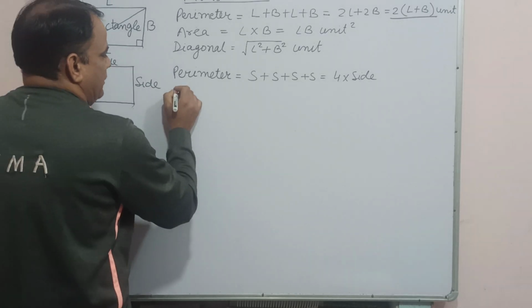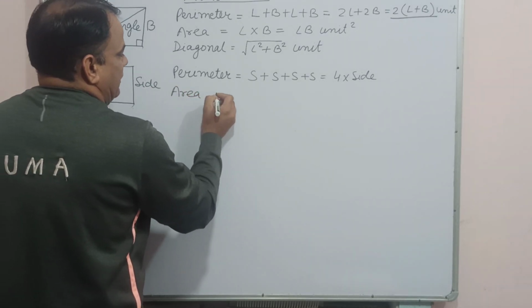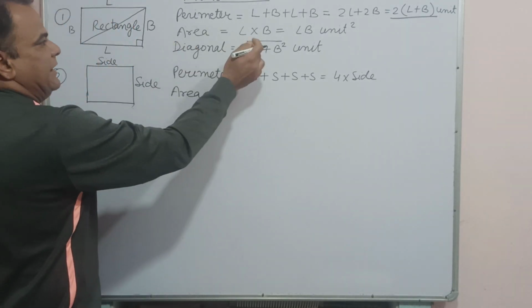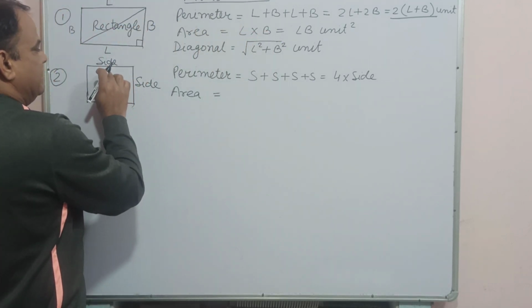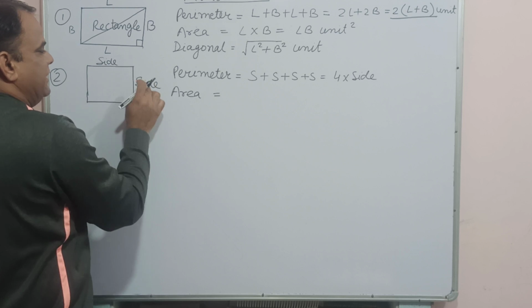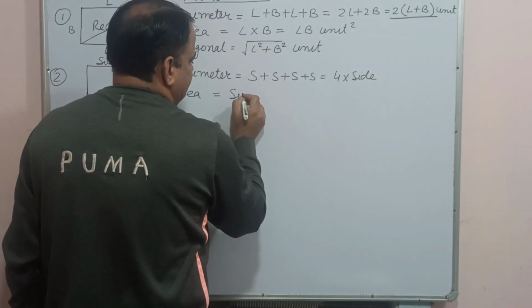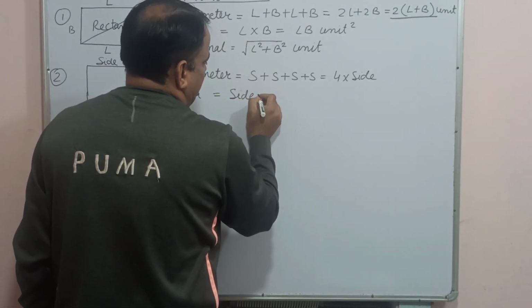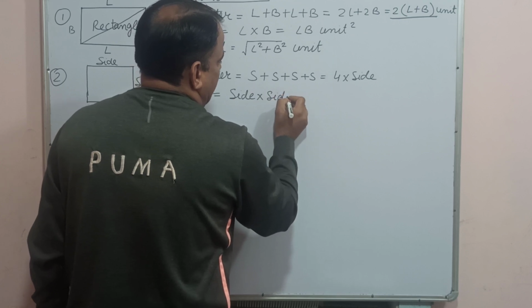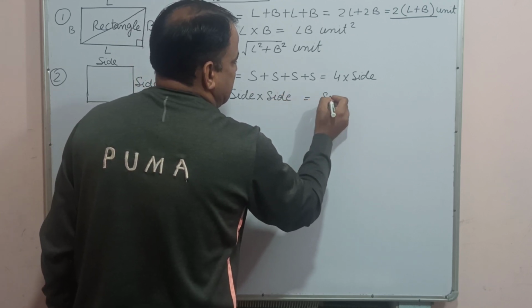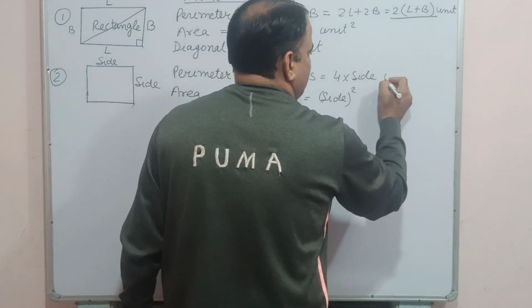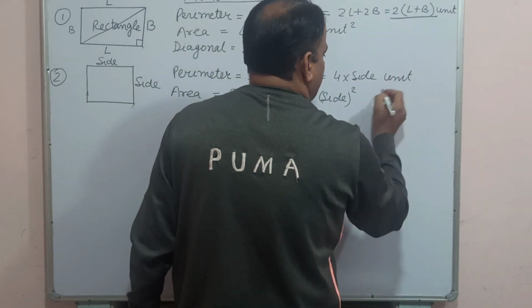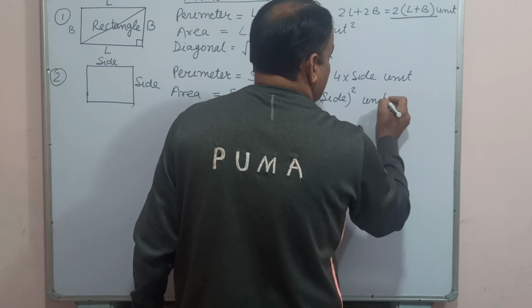Now area. Area equals, just like L into B in the rectangle, so in a square the area will be side into side. Side into side means side square, and there is unit square.